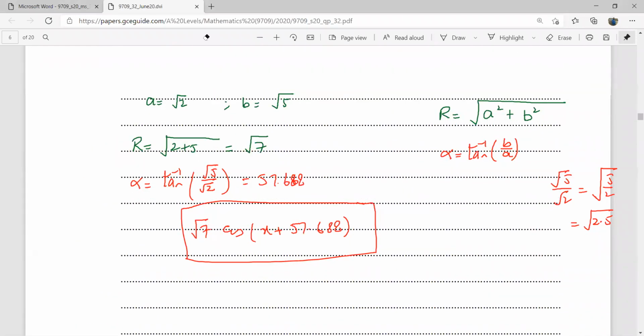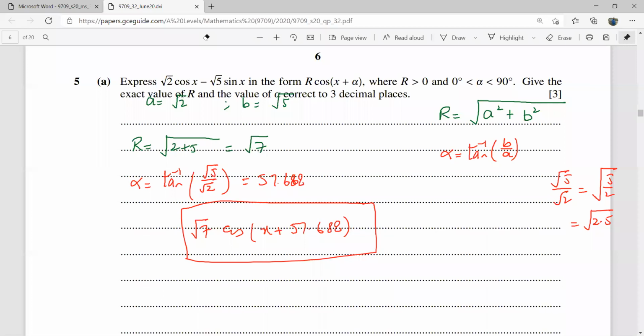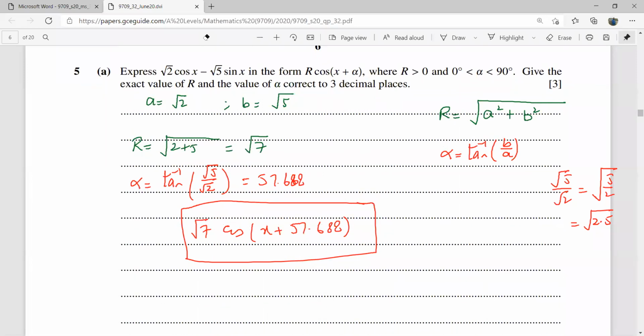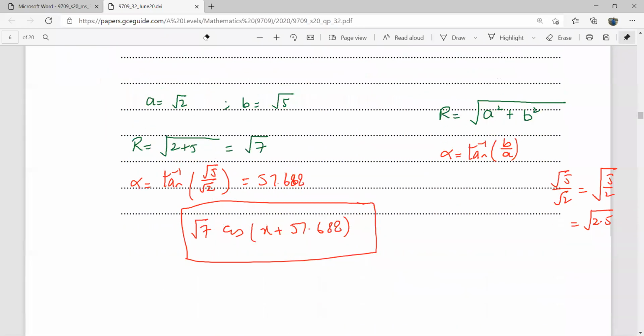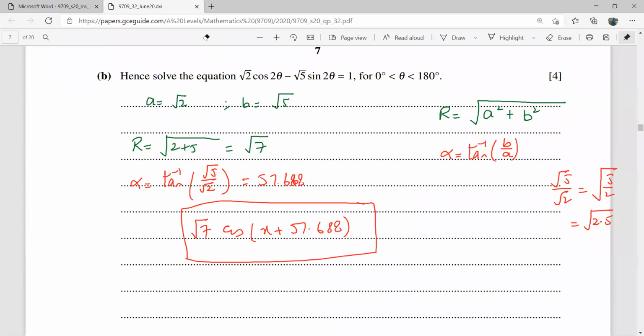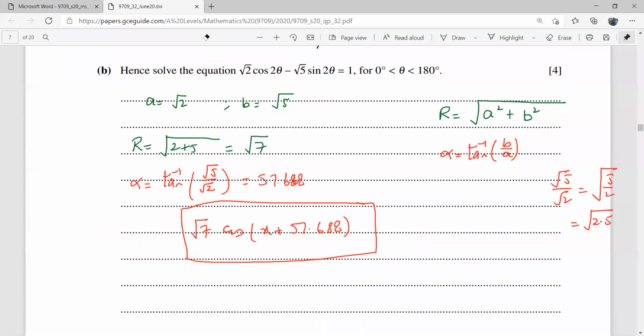We have cos x in here, right? Yes. This is under root 2 cos x and under root 5 sin x. So going back to this here, I'll not be doing all that working to convert that into a form where we can solve this equation. So this first part is a hint. In fact, it is a must for us to use because it says hence solve this equation.